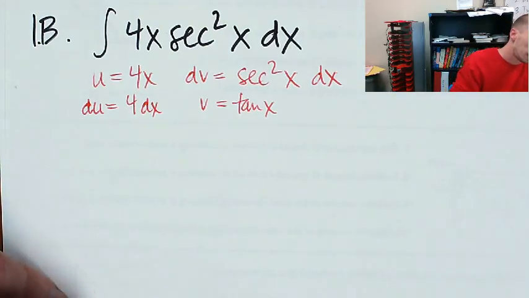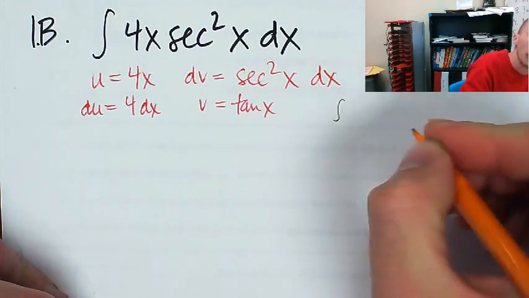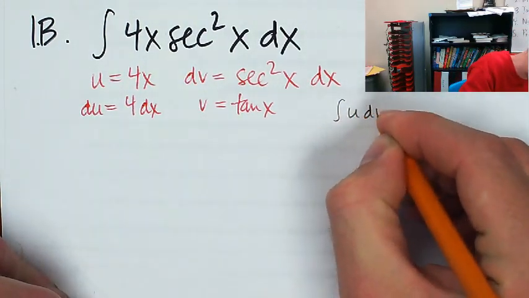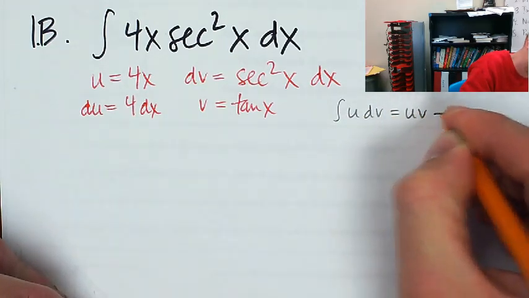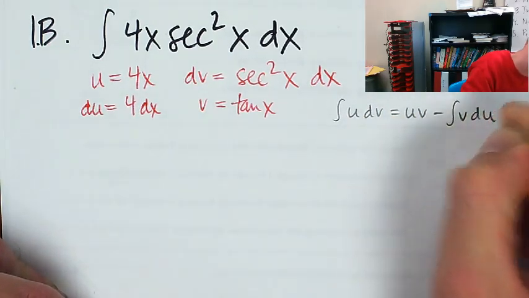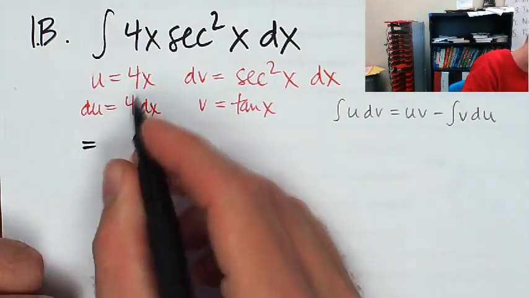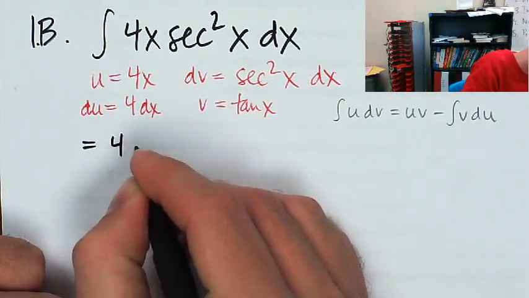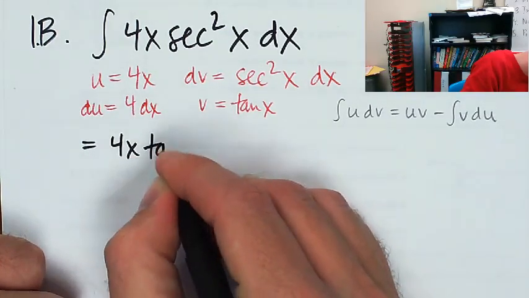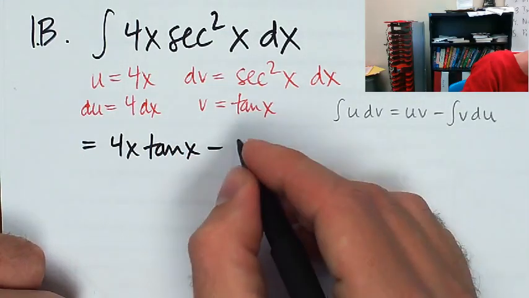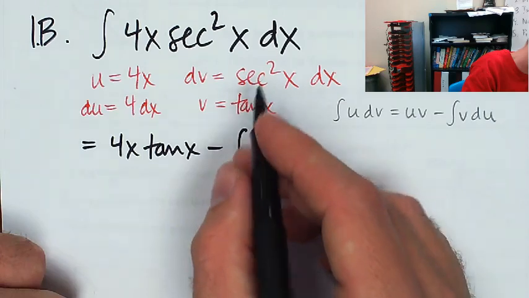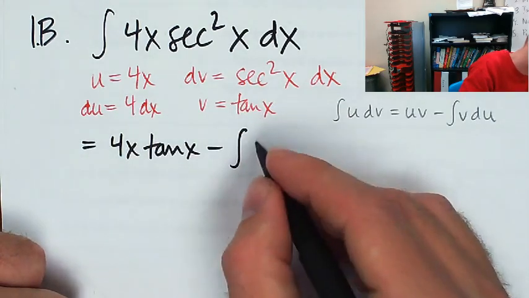And we know that the integral of u dv is equal to u times v minus the integral of v du. So what I've got is uv, 4x tangent x, minus the integral of v du.